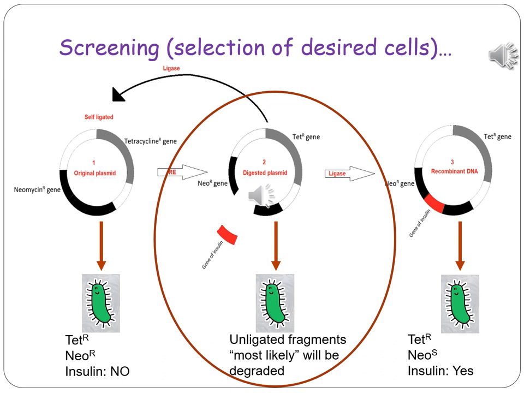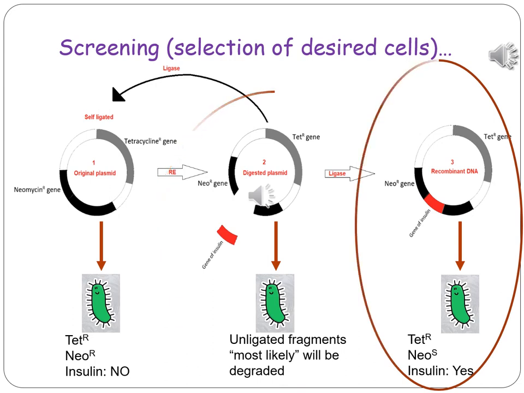So this bacteria will not gain any resistance feature. It will not be resistant to tetracycline and it will not be resistant to neomycin. It will not have the time to express these genes. Why? Because the degradative enzymes inside the bacteria will degrade these DNA fragments.